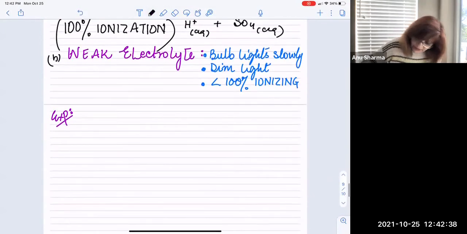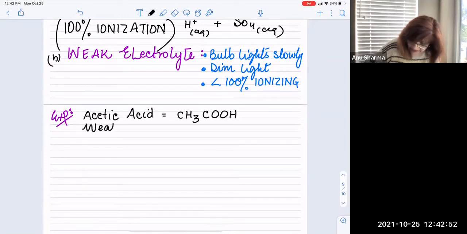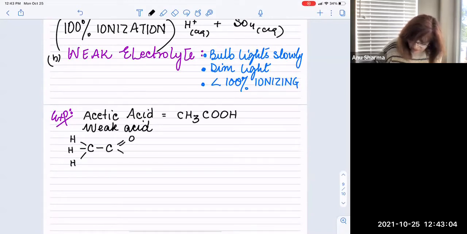For example, acetic acid. Acetic acid is vinegar. Acetic acid is CH3COOH. It is a weak acid. And so when it breaks up, it gives you CH3COO minus and H plus.